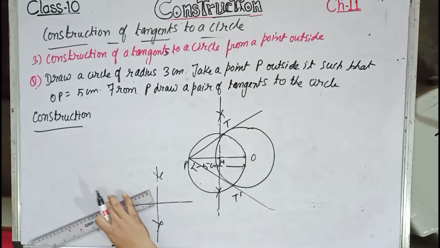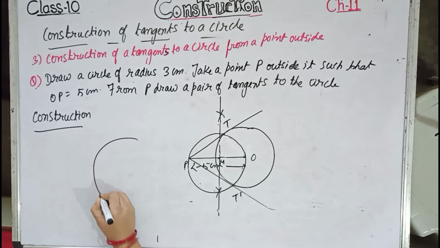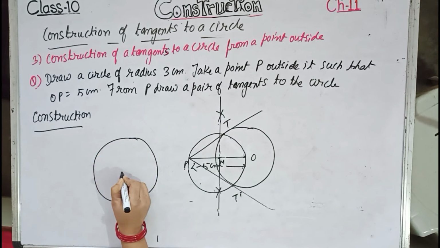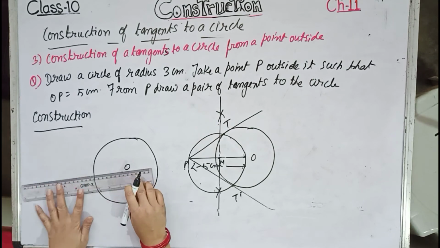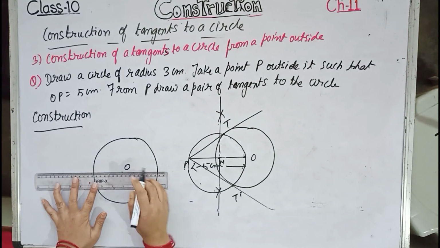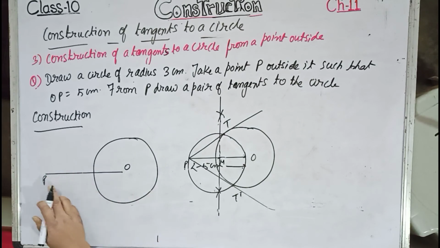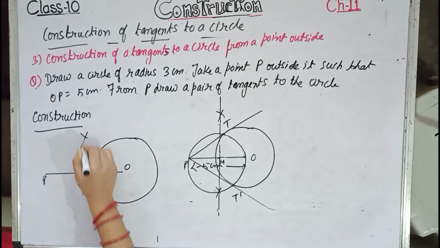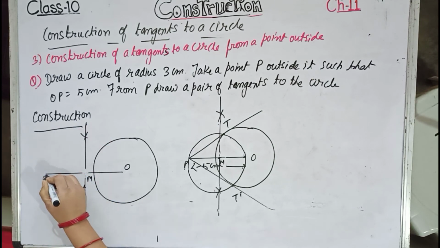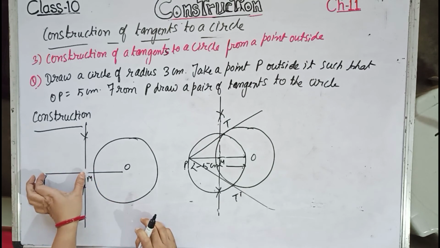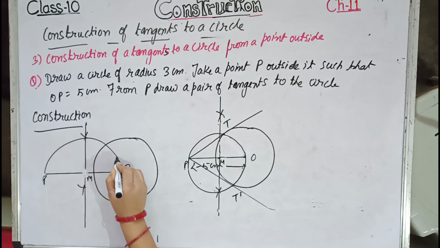Again, I am explaining this construction. You will draw a circle of the required radius. Wherever the point P is mentioned, you will take that point. Suppose it is 6 centimeter, then 3 plus 3, 6 centimeter you will be extending, and make it P. Now draw the perpendicular bisector of this line and name the midpoint M. Taking M as the center, with the tip of the compass at M and PM and OM as the radius, draw a circle.